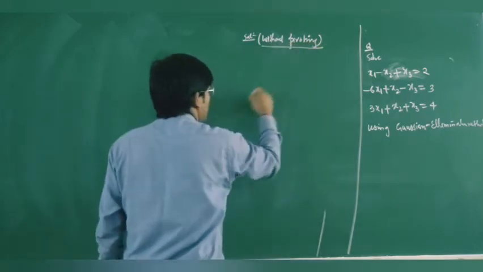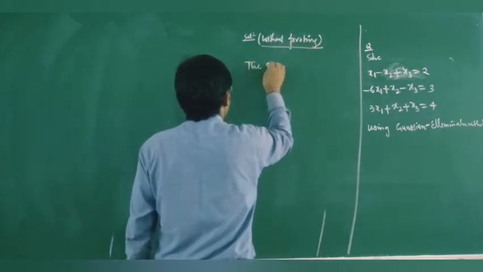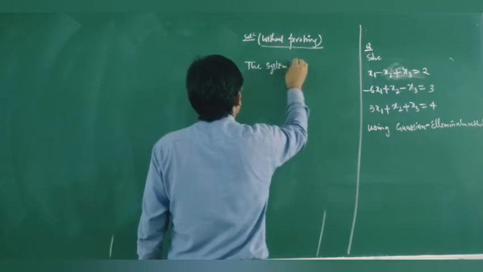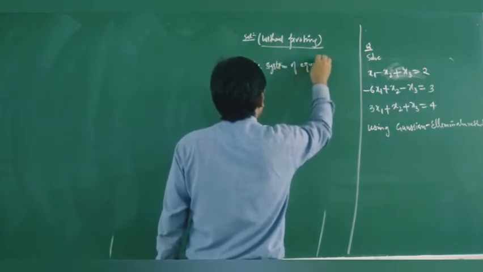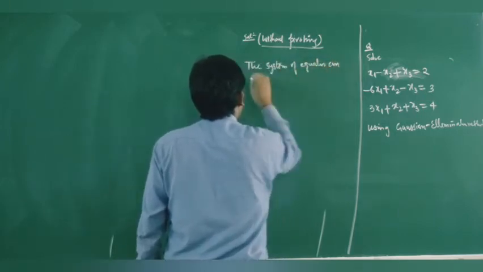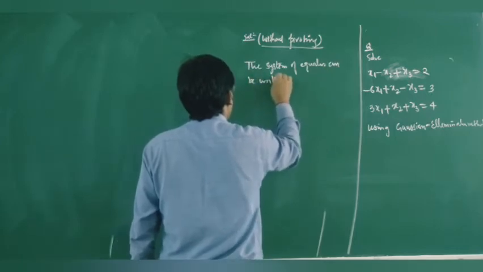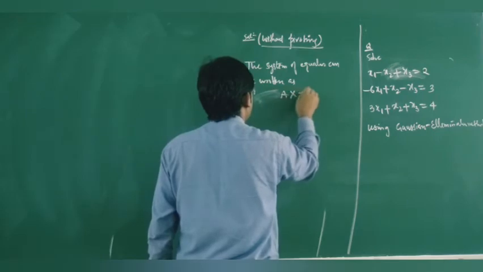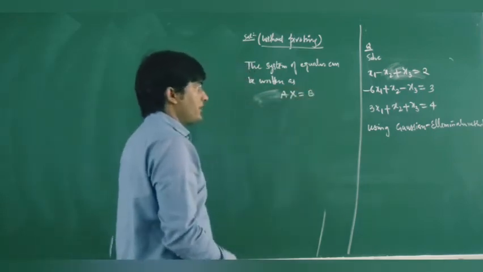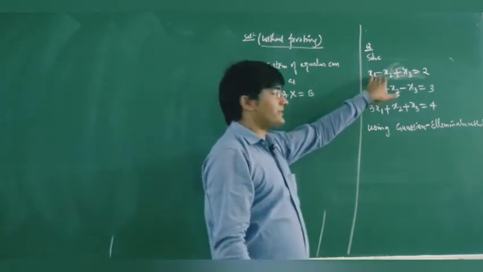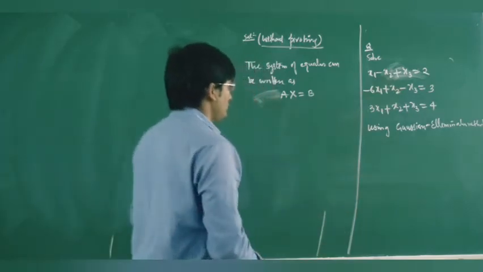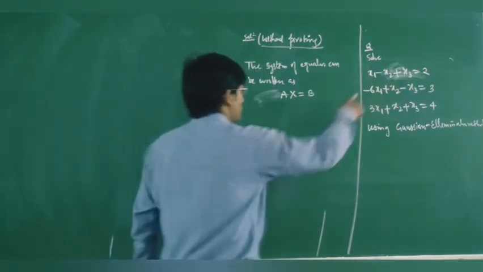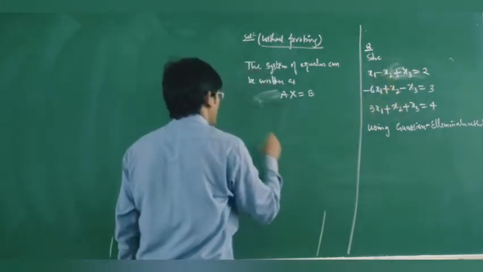So the system of equation can be written as Ax equal to B, where your A is the coefficient matrix, X is the column matrix x1, x2, x3, and your B is the right hand side column matrix 2, 3, 4.